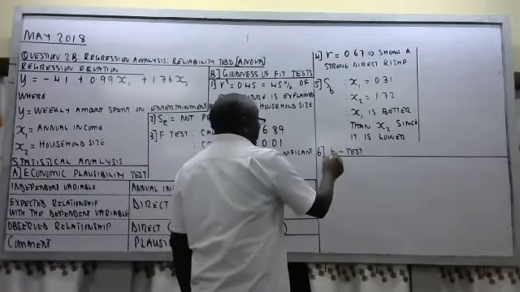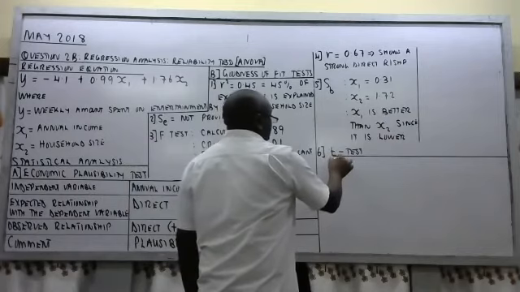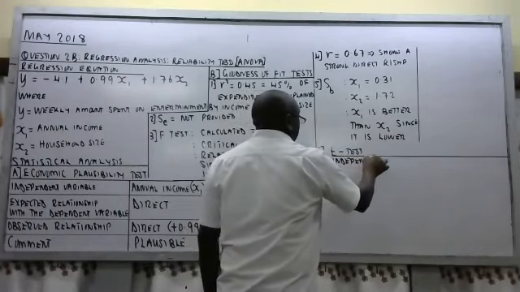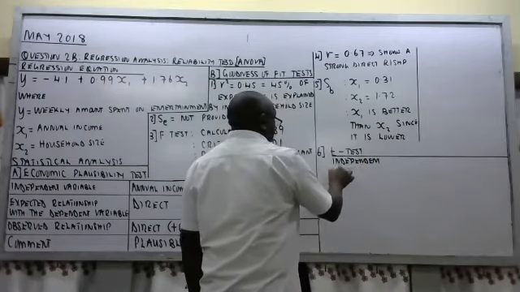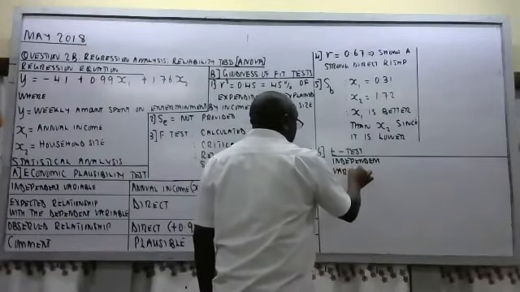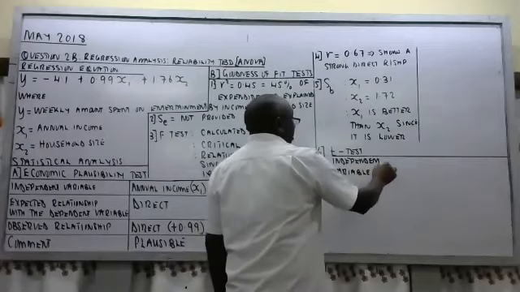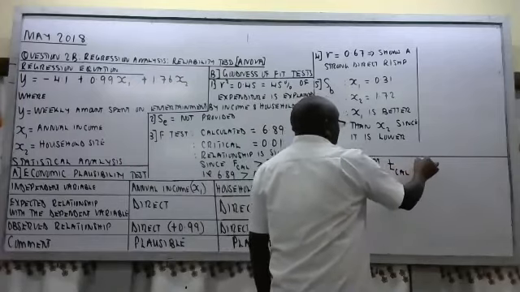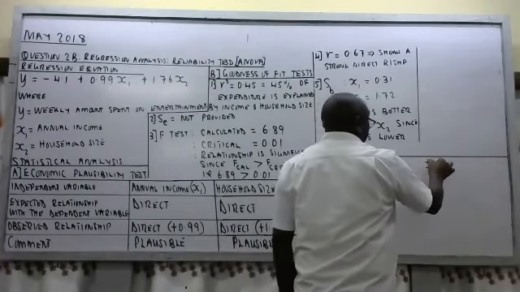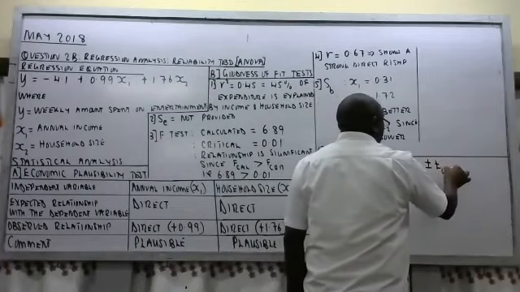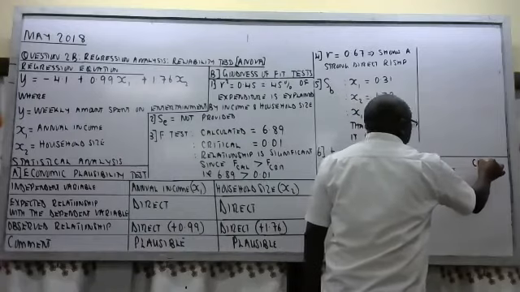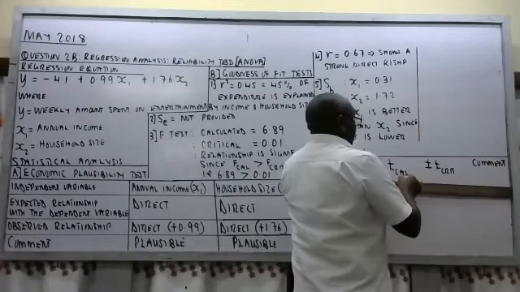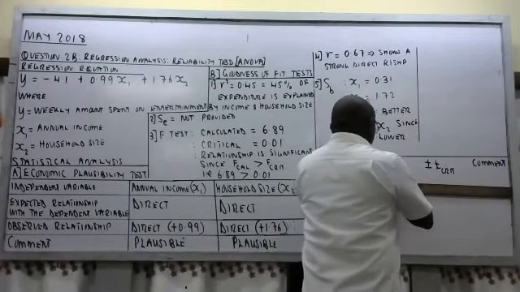For the t-tests, I will need an independent variable here, a column for independent variable. I will need t calculated. I will need plus or minus t critical. And I'll need to make a comment or the conclusion whether it is significant or not significant.